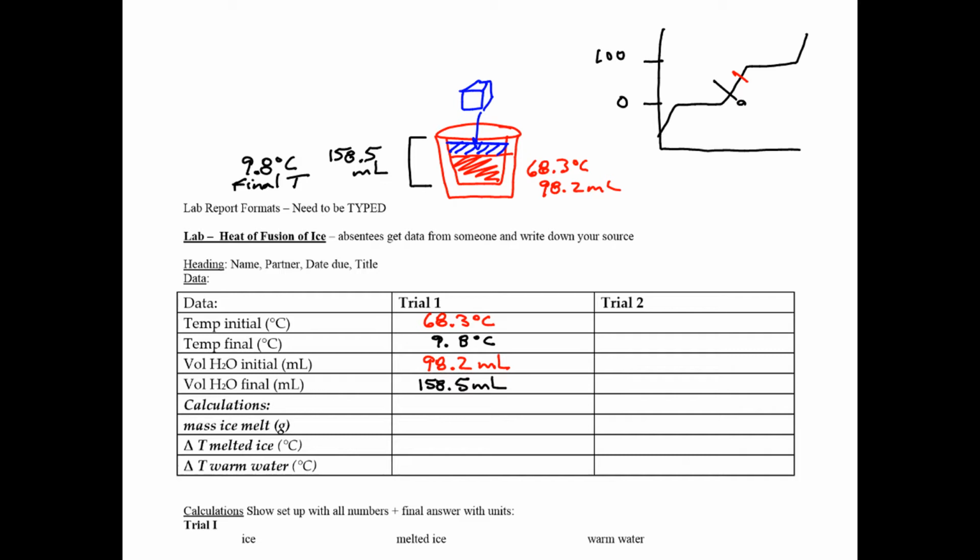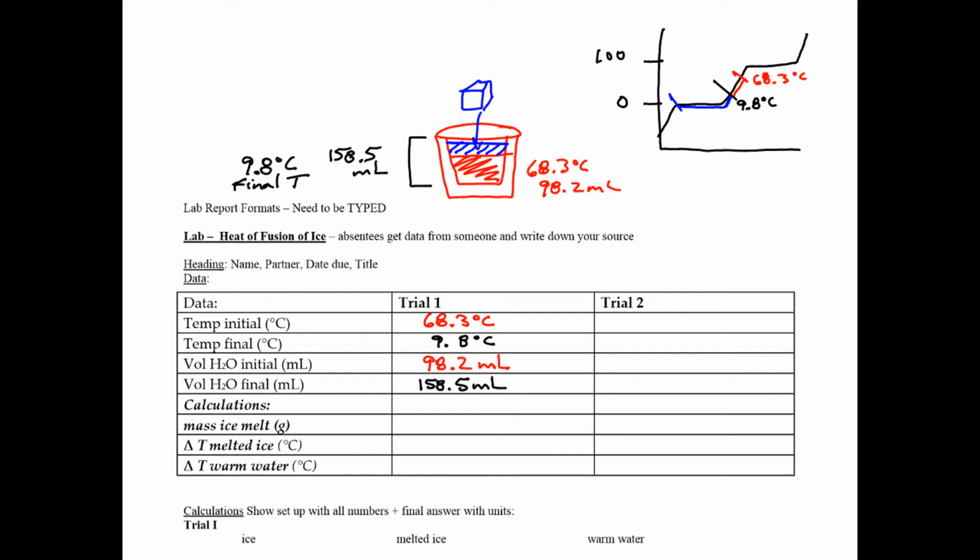So this was 9.8 degrees Celsius, and my starting temperature was 68.3 degrees Celsius. Now the ice cubes were already starting to melt, so that means they were already at 0. And then what happened is these ice cubes melted and then heated up to 9.8. Whereas the water that was hot only cooled off from 68.3 to 9.8.